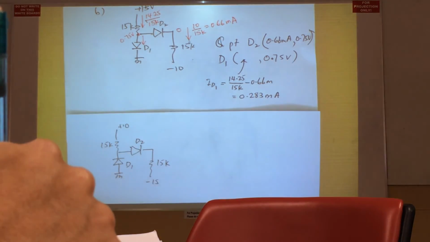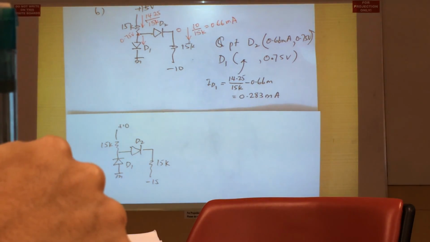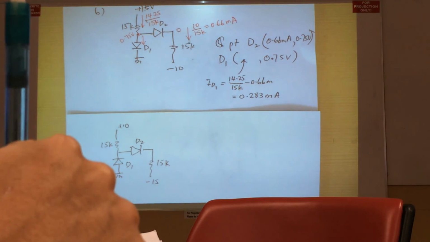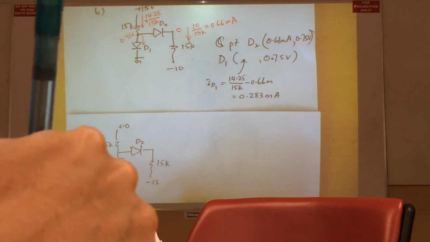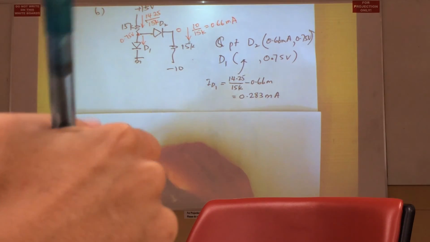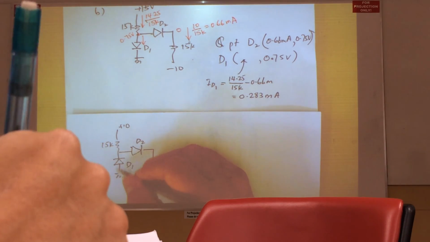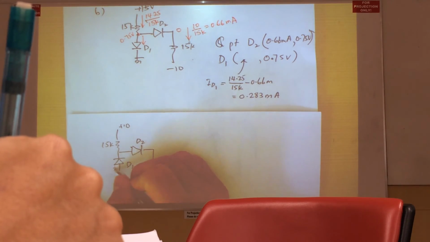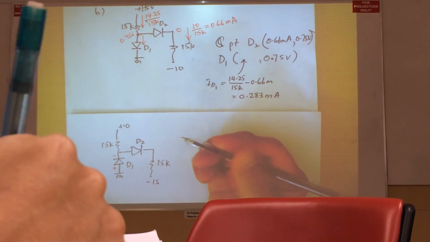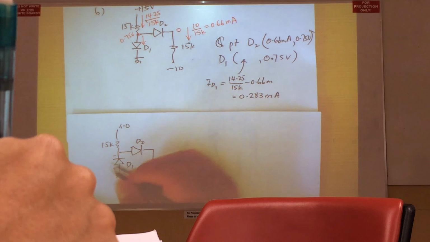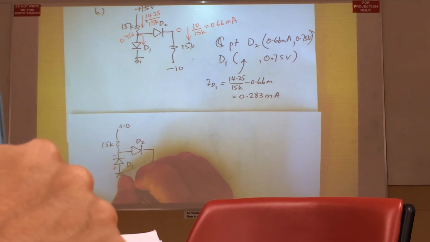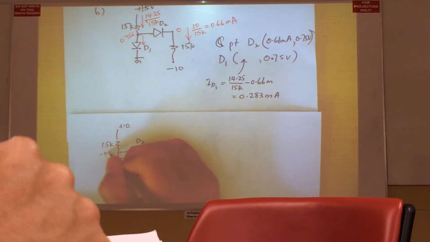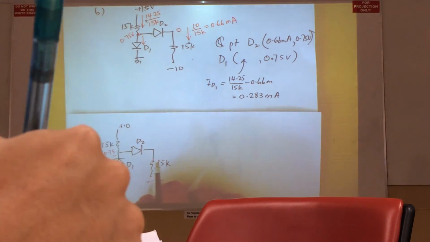Again, we assume that both the diode D1 and D2 are conducting first. And if they are conducting, then D1 will have a positive 0.75 volt drop across D1, having the anode to be more positive than that of the cathode by 0.75, which means that if the anode is at 0, the cathode will have to be at minus 0.75. Alright?